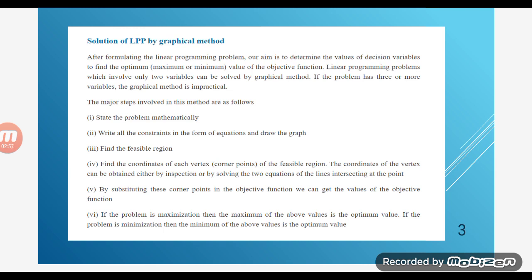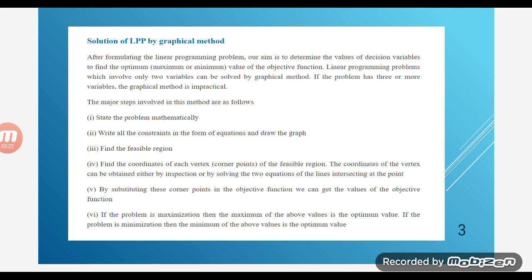The graph plotting points will be marked and that region is said to be a feasible region. We have to find the coordinates, that is the corner points of the feasible region. We have to find the intersecting point. For that, we are going to use an elimination method for solving the linear equations.